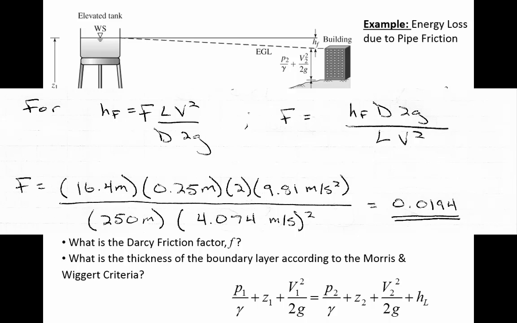So if you're working on a problem and you're using an f value of like 32 or something, then you know you're really off the beaten path when you've got an f value that falls out of this range. There are, like, a really smooth glass pipe with low flow, maybe even lower than 0.008. But generally, for typical pipes and typical flow conditions, that'll be the range of f values. So this one falls inside of that range nicely. It doesn't seem like things are messed up.